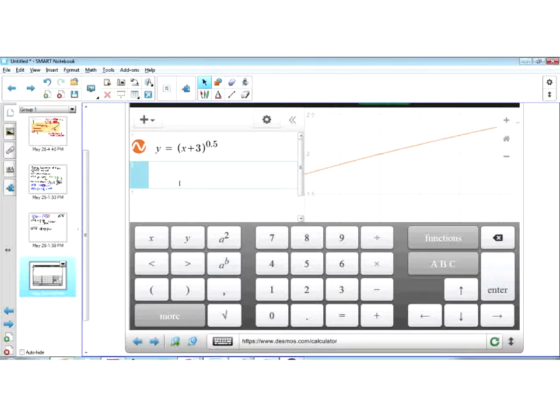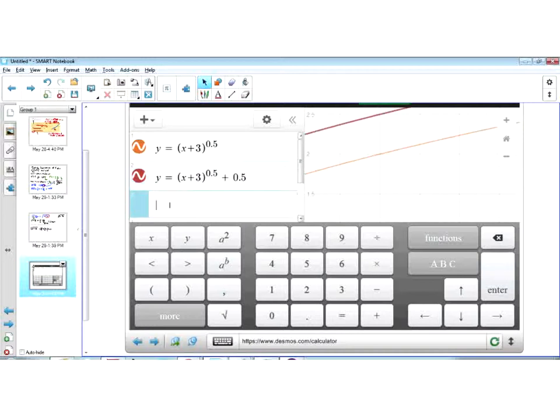And let's say we sketch the graph of y is equal to the square root of x plus 3 plus 0.5.